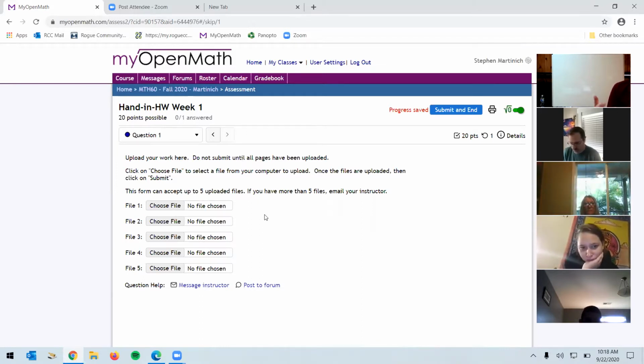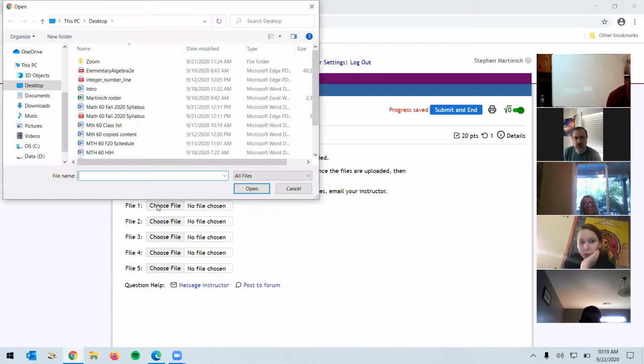They need for some reason a picture for every page. So you can actually upload up to 5 different pages, but don't submit until you're finally done with getting all your pages in there. So from here, just like you might upload a file from your computer, you choose a file and you go in your computer, wherever you have saved your scanned work.